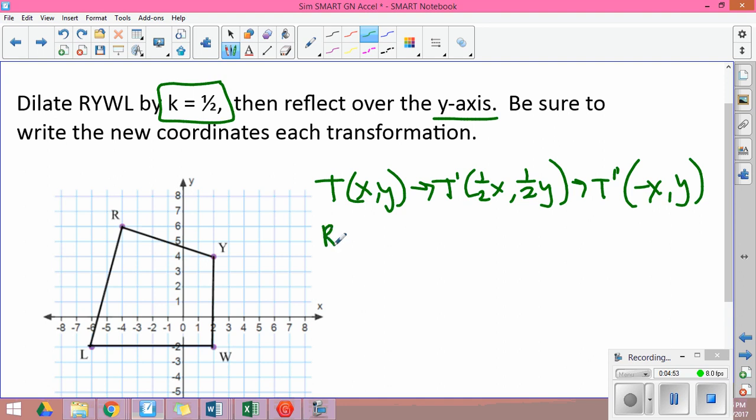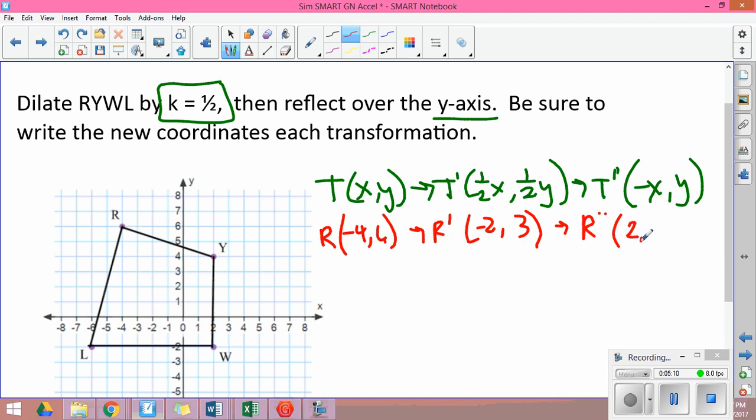So R is at (-4, 6). So then R prime is at (-2, 3), and R double prime is at (2, 3). So (2, 3) is where our double prime will end up. Y is at (2, 4).